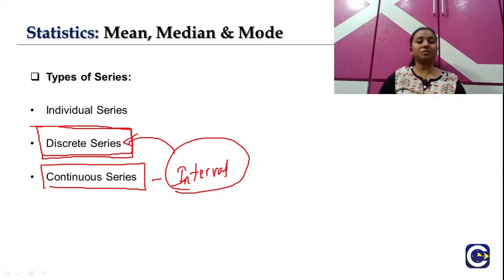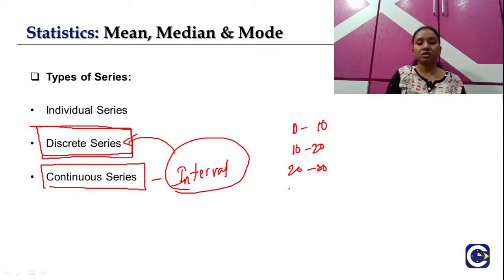That typical series is called a continuous series, where the data is given in terms of intervals. For suppose I can take 0 to 10, 10 to 20, 20 to 30 and 30 to 40, and for this I'll have my frequency too, for example 5, 11, 2 and 3, right?